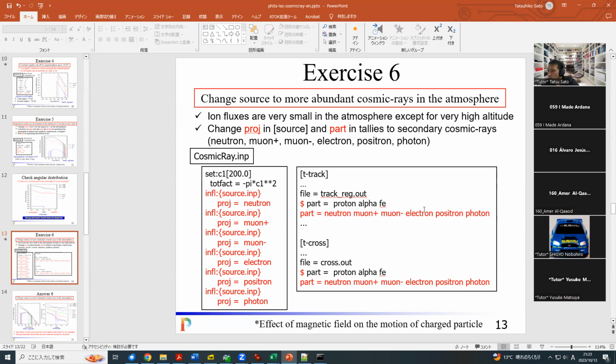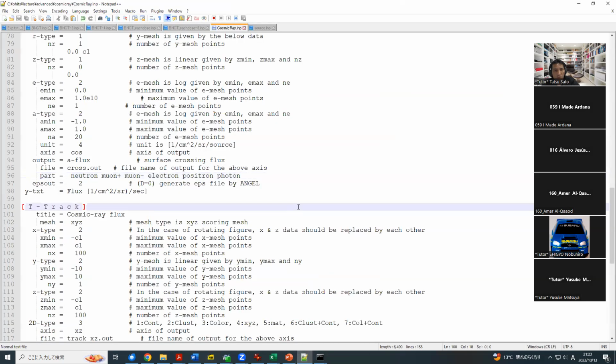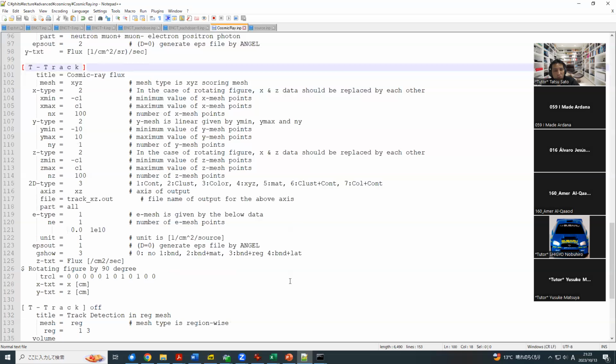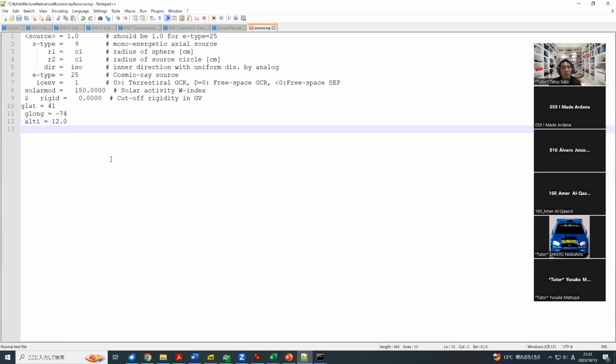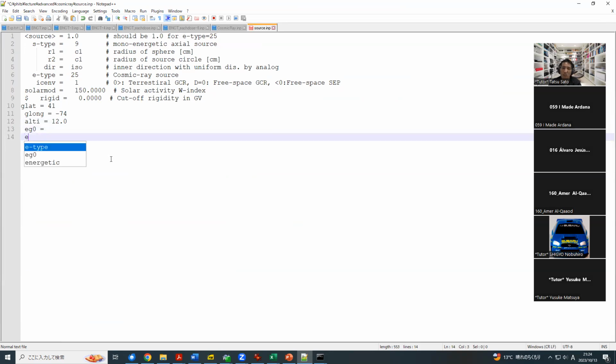Could we estimate the angular dependence with energy with fits? Yes, you can. Simply, you can define a certain energy range in the source generation. For example, the energy is specified by EZ0 and EZ1, or EZ1 and 2, I forgot.